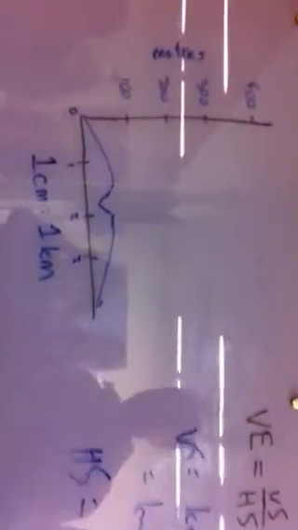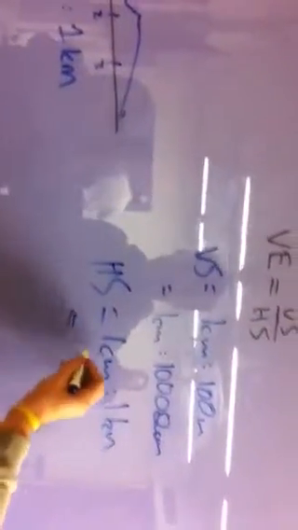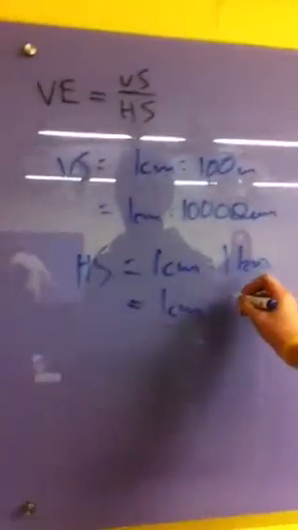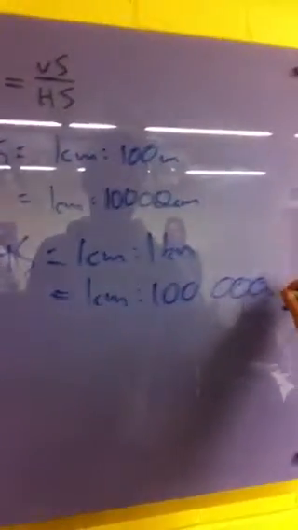And then we need to work out our horizontal scale. So as seen previously, our horizontal scale is 1 centimetre represents 1 kilometre. And that goes into 100,000 centimetres.